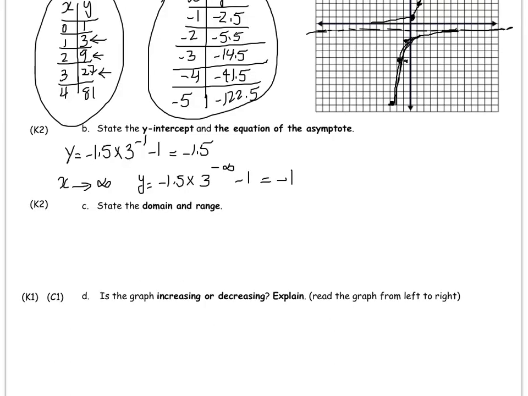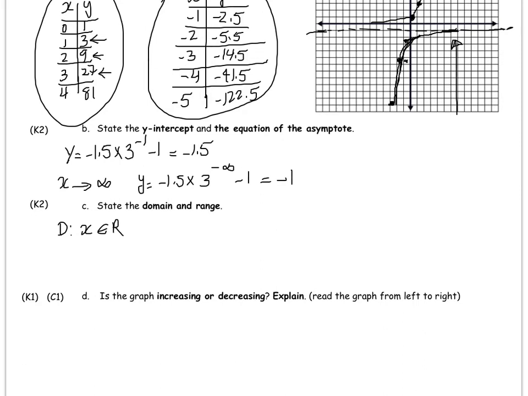The third part of the question says, state the domain and the range of the transformed function. If you look at the graph, you can see that there is no restriction on the x value, so I can say safely that D, or the domain, is x in R. All the real values are acceptable.